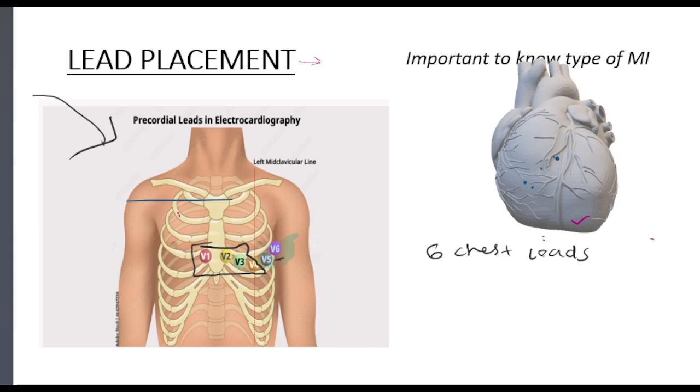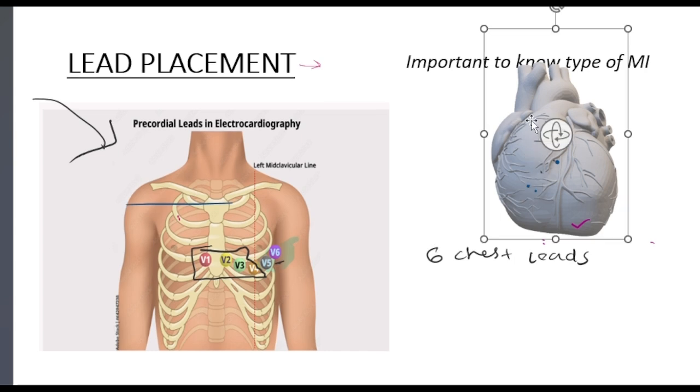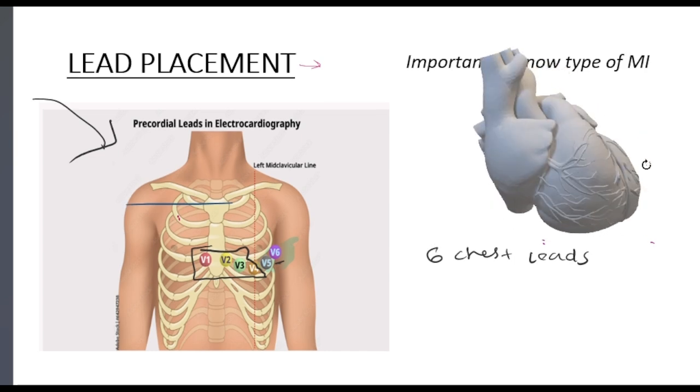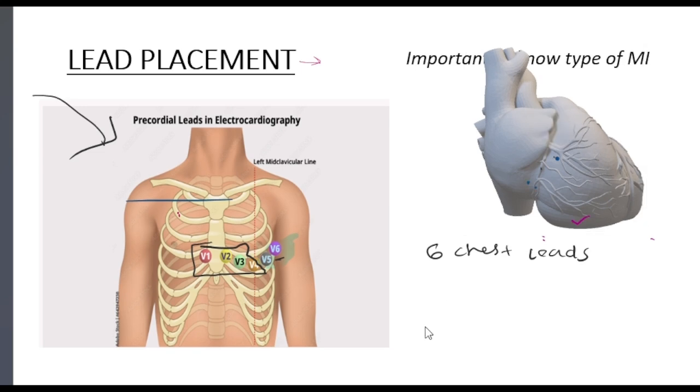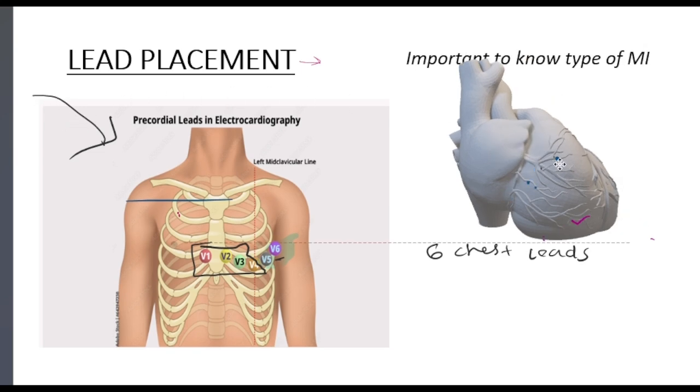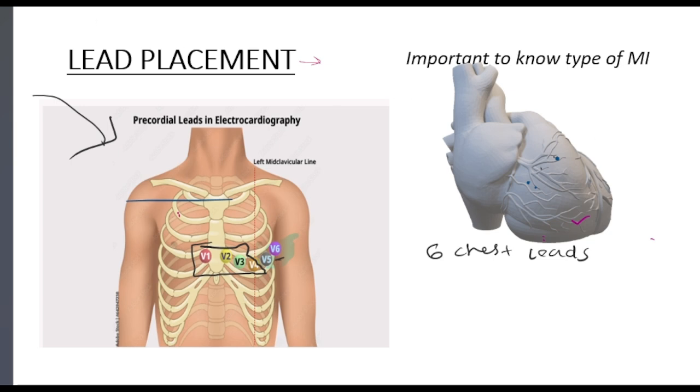Now if you look at this heart, here is where we have kept the V1 to V6 electrodes. Here is V1, V2, V3, V4, and V5 and V6 on the lateral side of the chest.